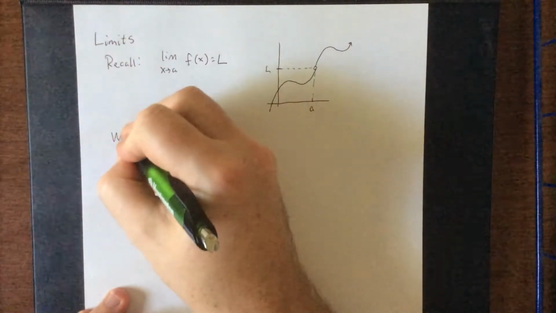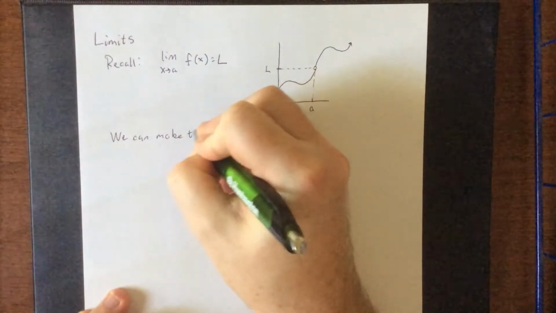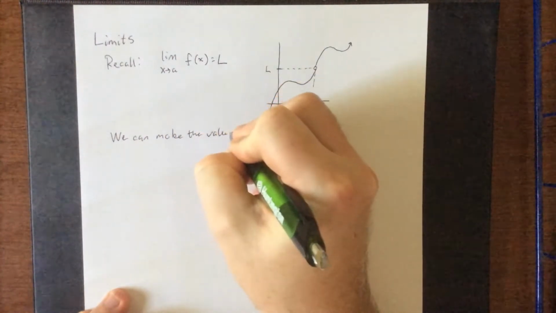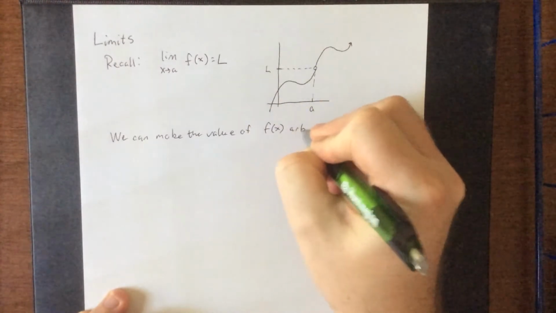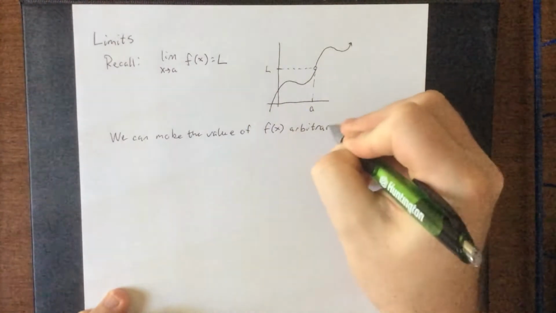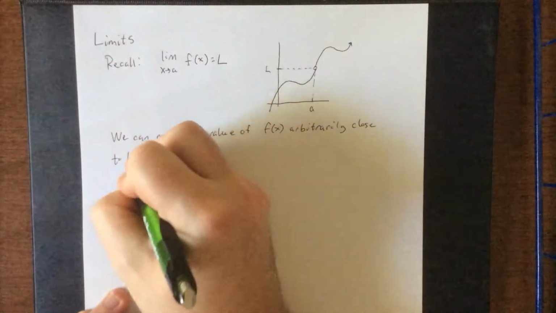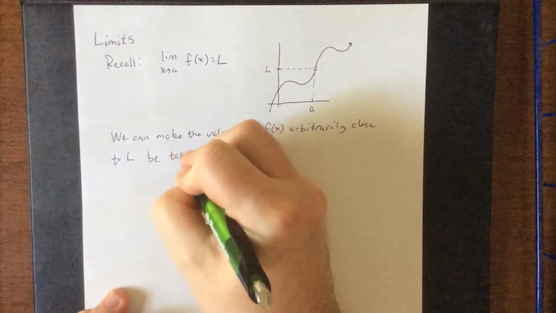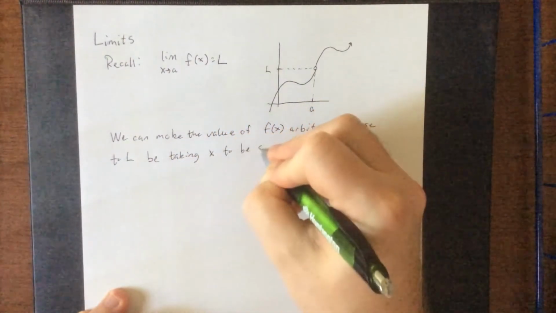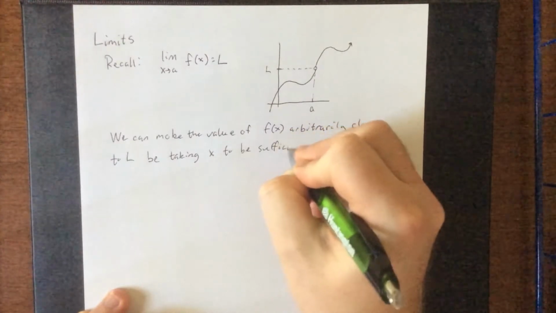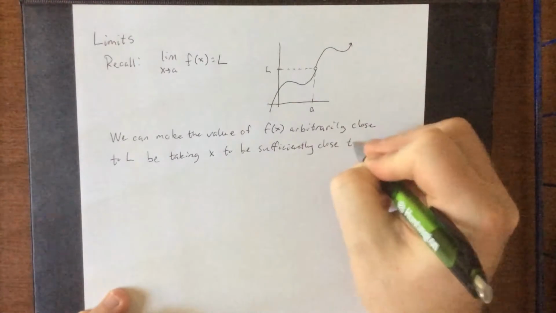So the idea behind a limit is we can make the value of f of x arbitrarily close to L by taking x to be sufficiently close to a.